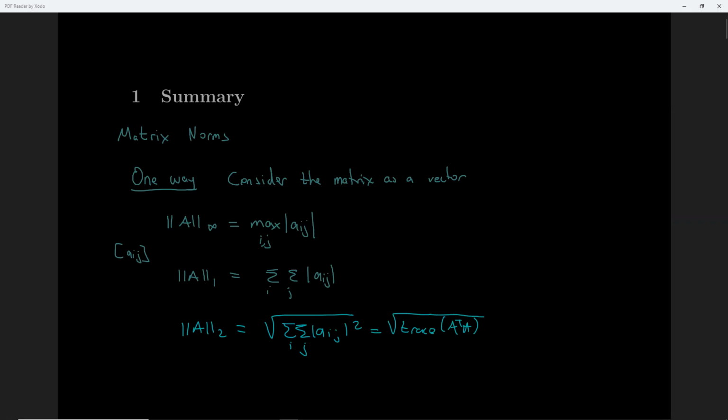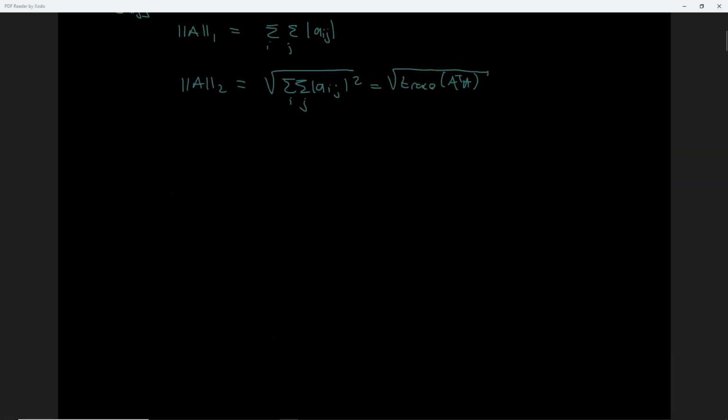And we said that, okay, this is also equal to, in the previous lecture, trace of A transpose A. And that had a special name. What was it? That thing was called the Frobenius norm of the matrix, right? And we said that, okay, we can generalize this idea to P norms. So we can define the P norm of a matrix as the unwrap the matrix into a vector and apply the vector P norm definition.